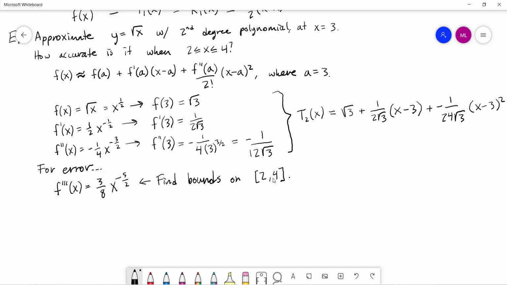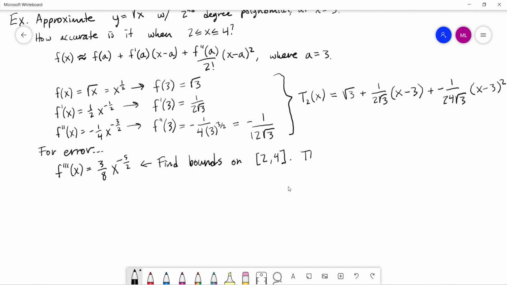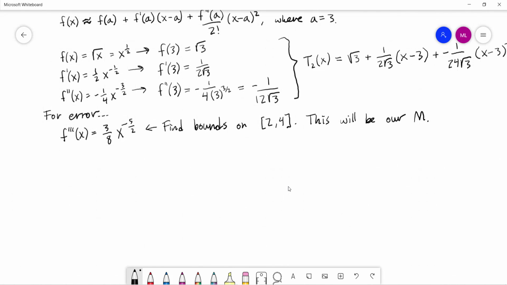If we look in and figure out what this value is, this will be our m that we're going to use for our approximation. So I already know that according to the theorem, our R2 of x, the remainder, this is our error, is less than or equal to, in this case, m over 3 factorial times x minus 3 cubed.